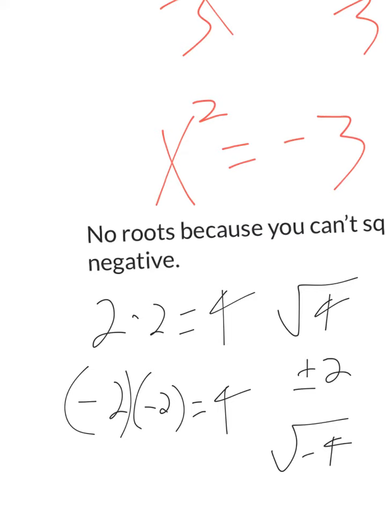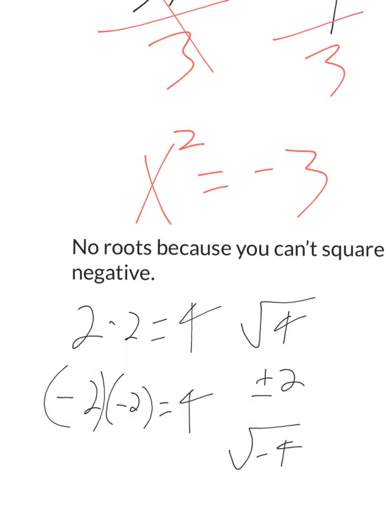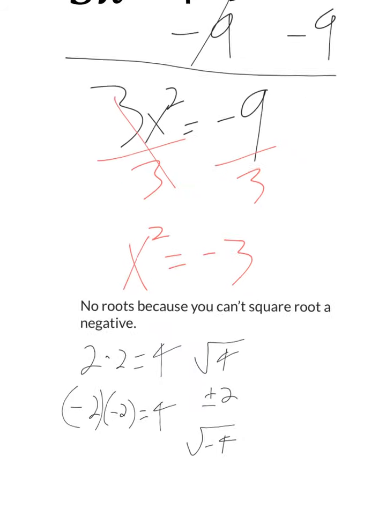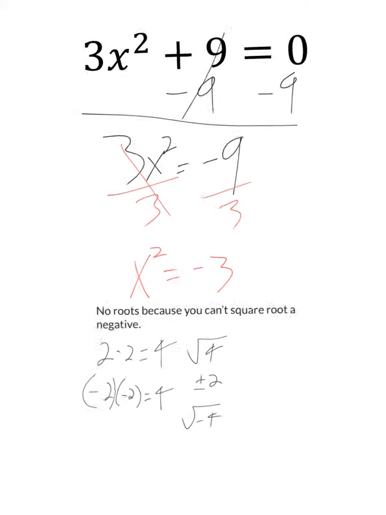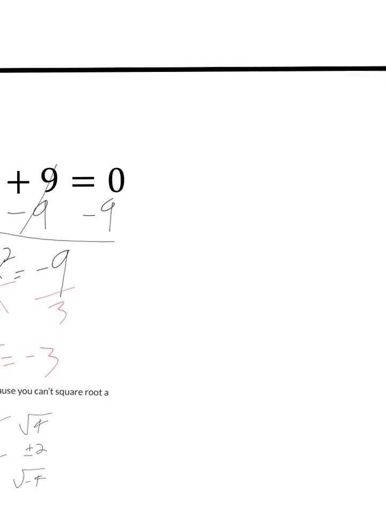You can't. It would be 2 times -2. That's it. But squaring, by definition, is multiplying by the same number. So that is why if you ever get it down to the square root of a negative, the answer is going to be no solution or no roots. Basically you have a parabola, if you were to look at the graph, and the parabola is just not touching the x-axis.